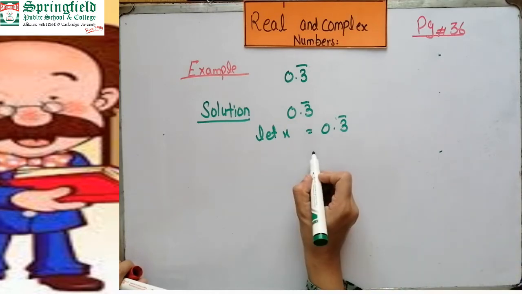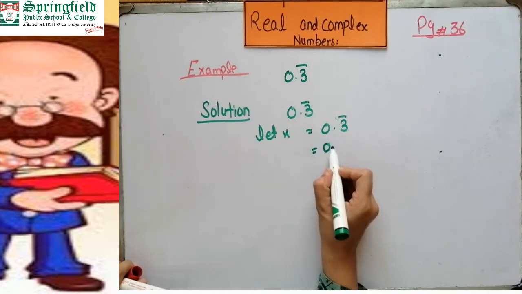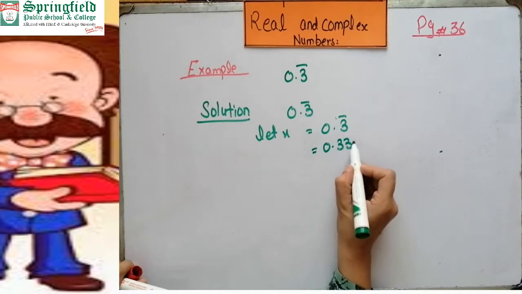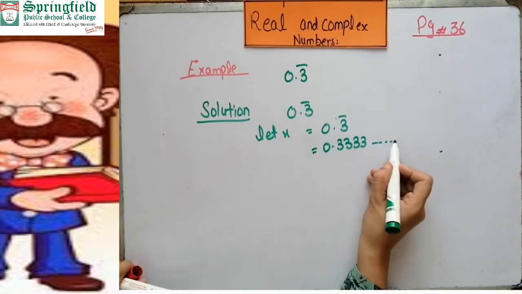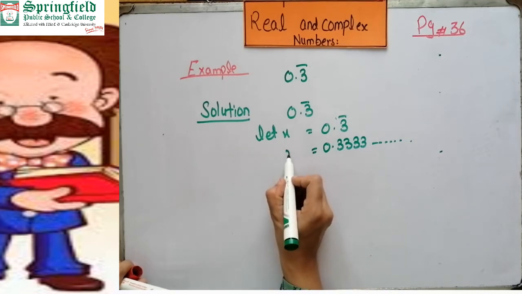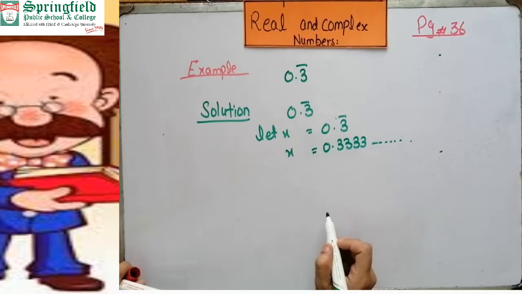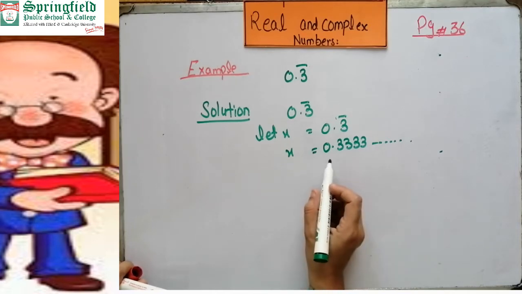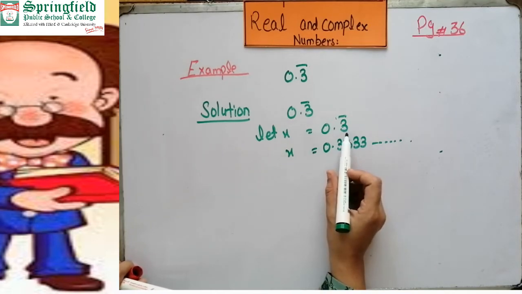So 0.3 bar means 3 is repeating here. So x is equal to this one. Now, how many digits are repeating? Just one.